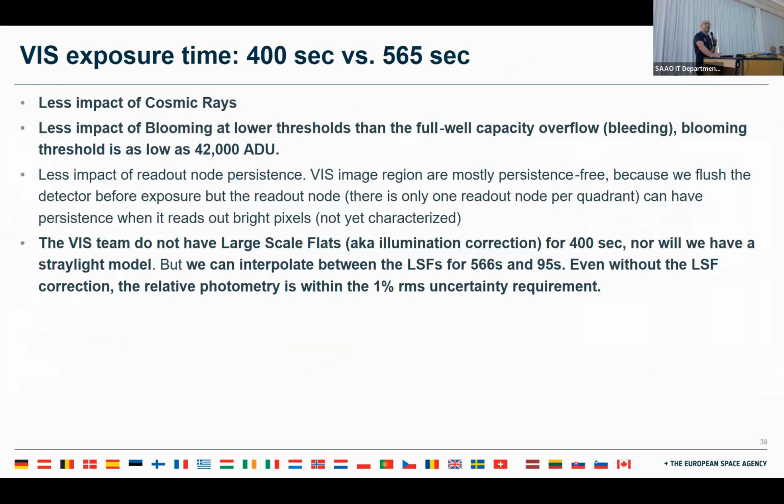The advantage of a slightly shorter exposure time is that we have less impact from cosmic rays and from blooming effects. But we still have a large scale effect, the so-called illumination correction. That calibration product has to be created, probably interconnected with two other exposure types for which we have calibration data.